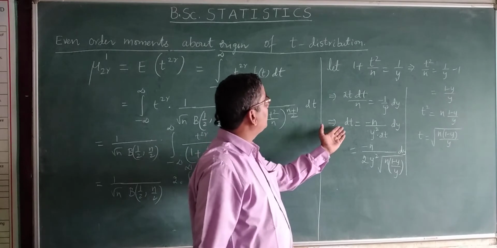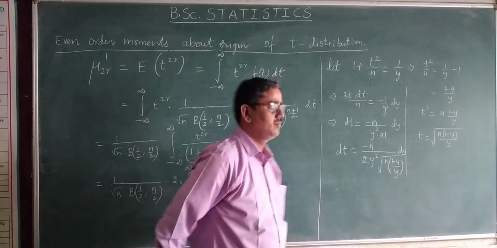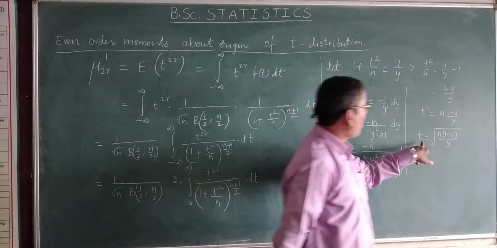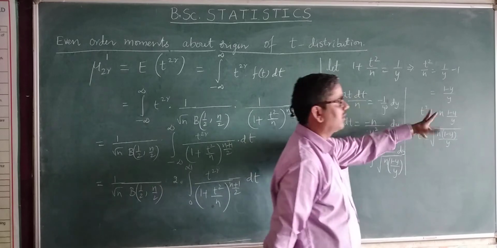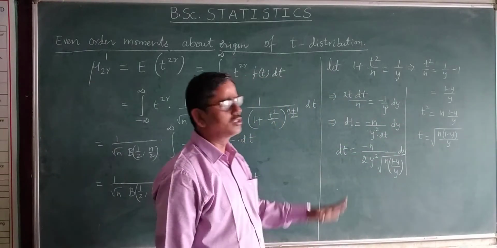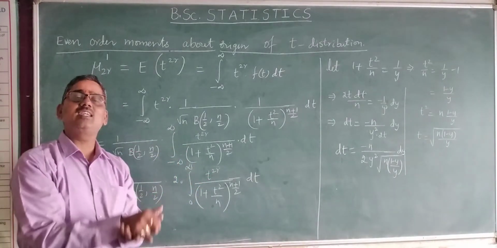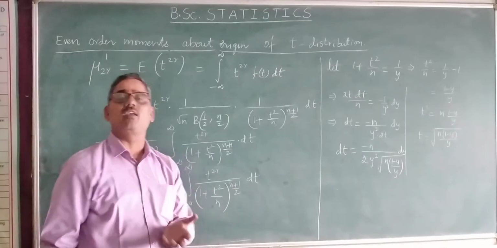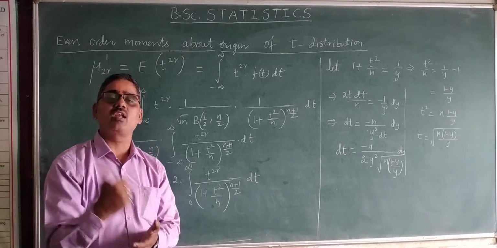So I have calculated dt in terms of y and dy, right? This is the value of t, this is the value of dt, this is the value of t square. Whatever is required, we use that. We apply the formula here, so that we convert the integration of t into the variable y.